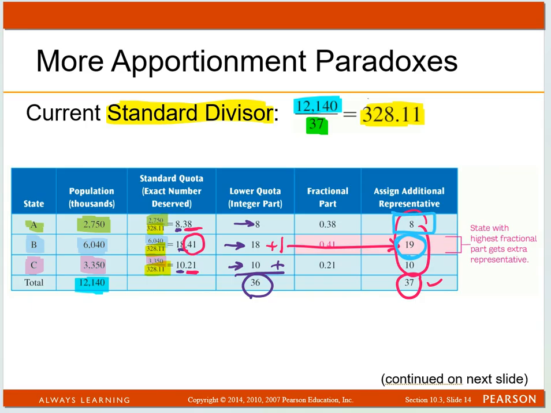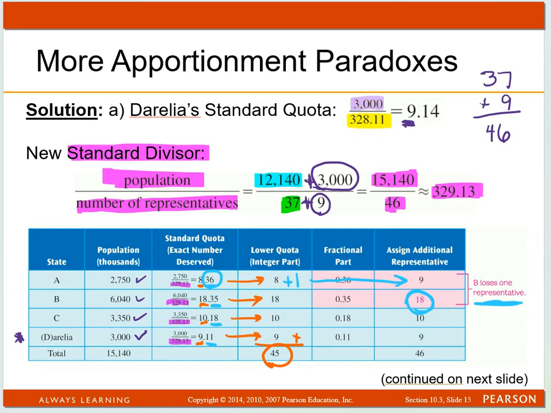State A had 8, but now State A gets 9. So D, there's the 9 that they said, yeah, you should probably get 9. They ended up getting it. State C had 10, still has 10. But by D coming in, State B got screwed. Yep. And that's called the new states paradox.